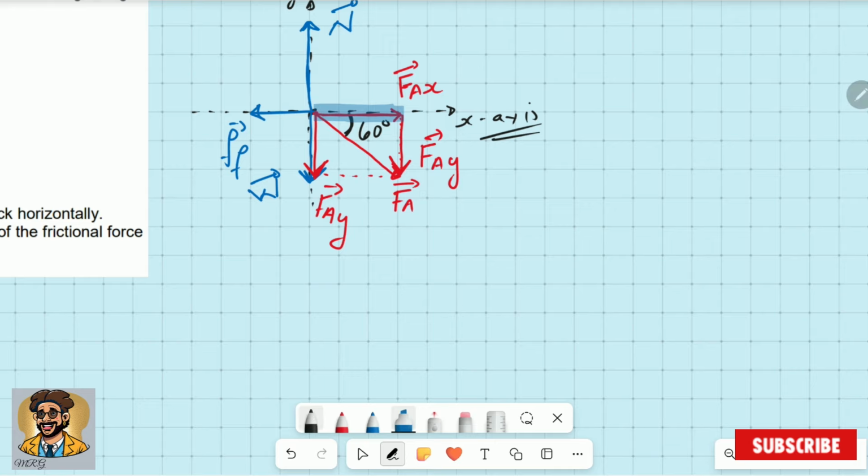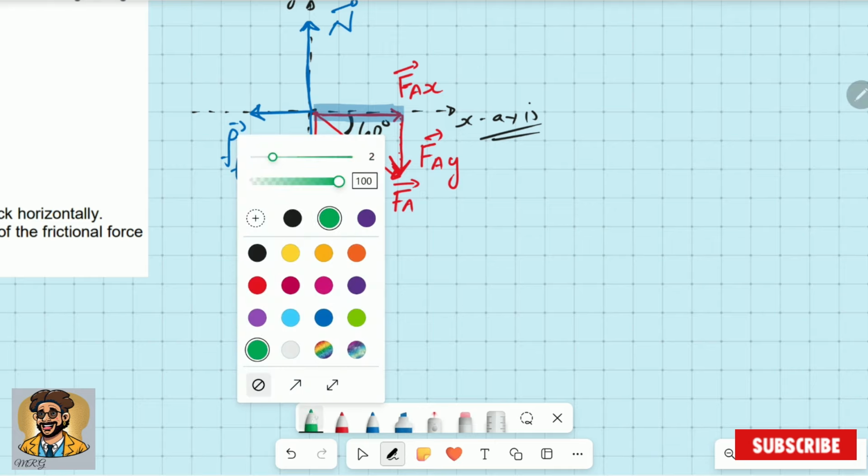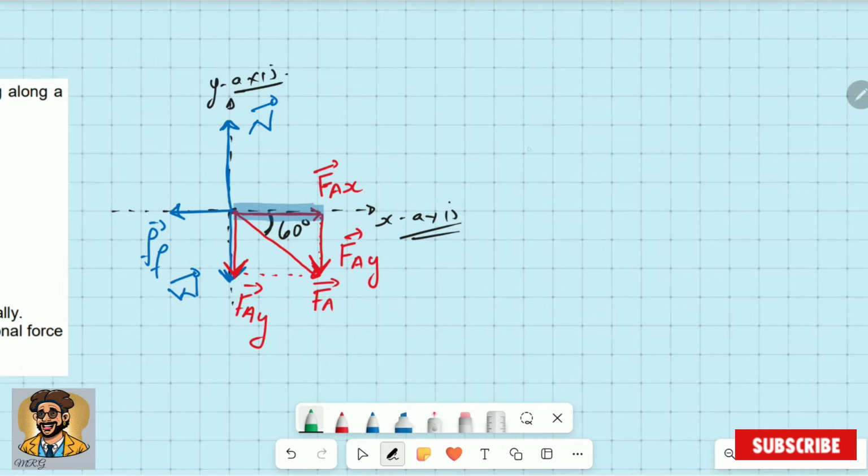I'm going to do it here. Cos of theta is equal to adjacent side divided by hypotenuse. That is mathematics. The adjacent is the side that is near to the angle. If you substitute here, you have cos of 60 degrees is equal to the adjacent side, which is applied force in x, that is adjacent to the angle, and the hypotenuse is going to be the applied force.